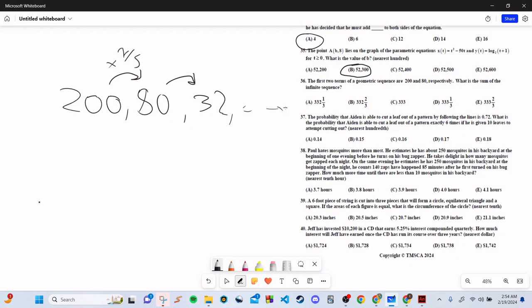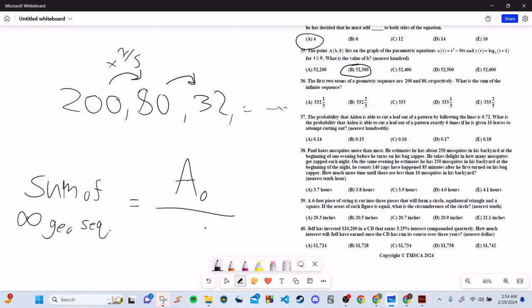So to get the sum of an infinite geometric sequence, it's going to be the initial value, which is a naught, over 1 minus r, which is your rate. And so, plugging this scenario into this formula, our first term is 200.